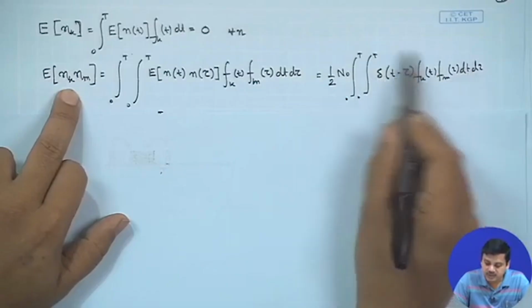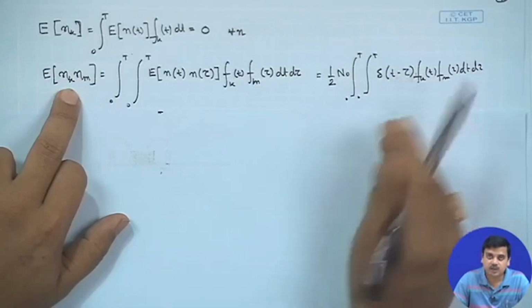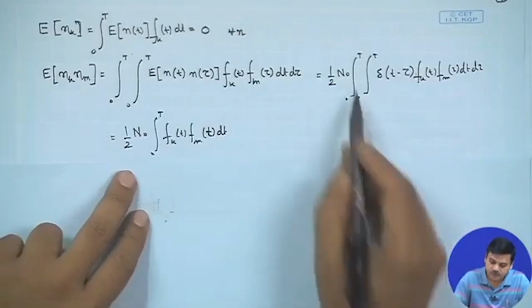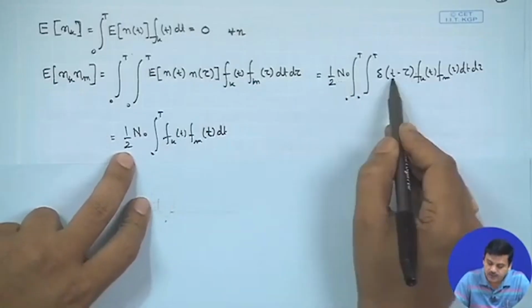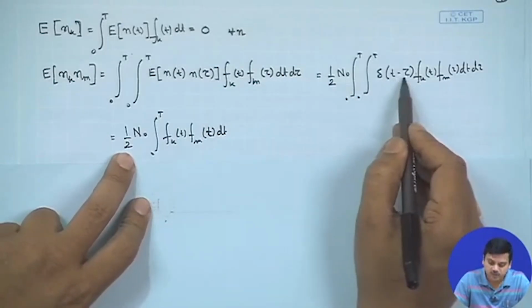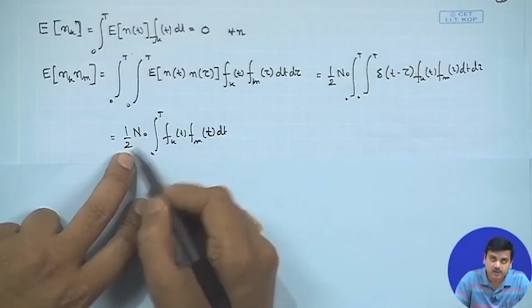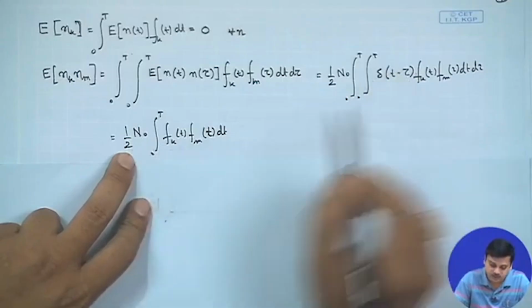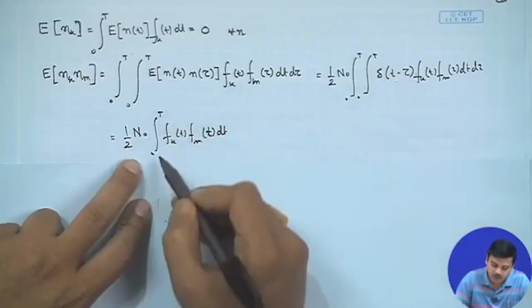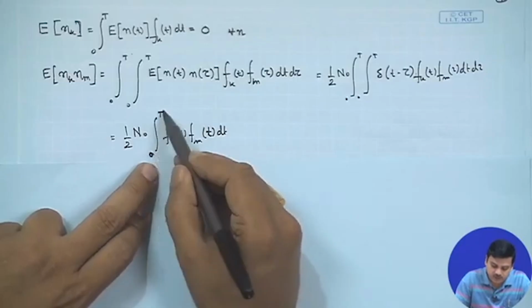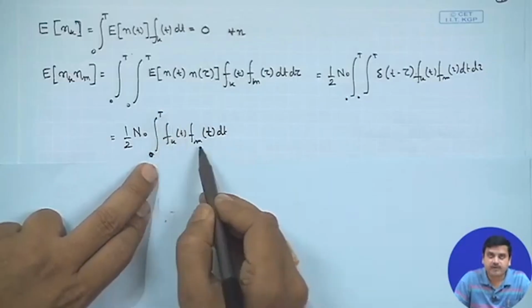So this integral is valid only for t equal to tau. We set t equal to tau, one of the integrals goes away, and we are left with N naught by 2 times integral 0 to T of f k t f m t.